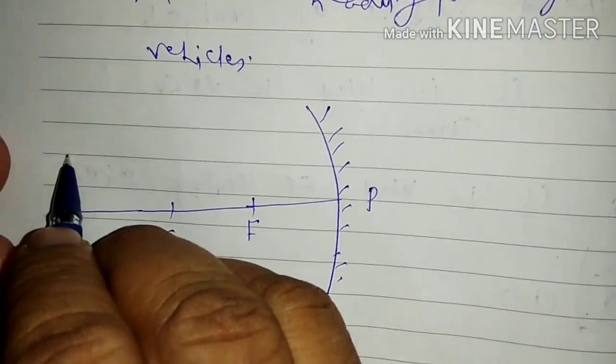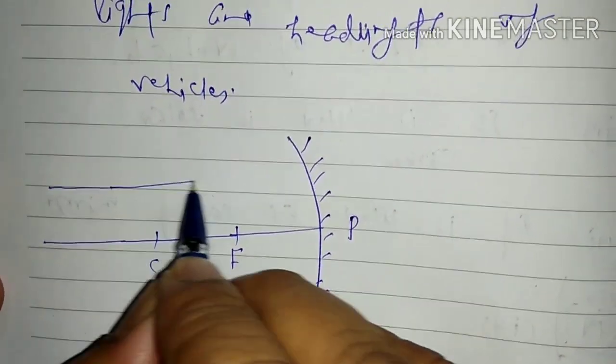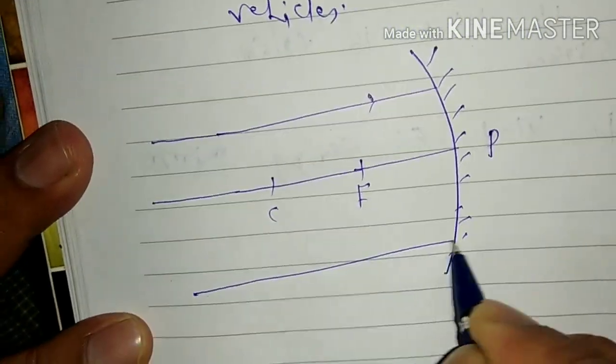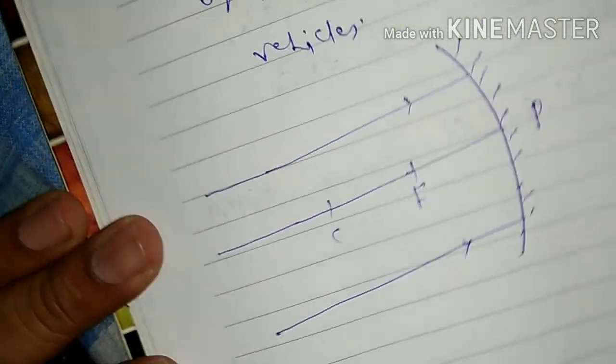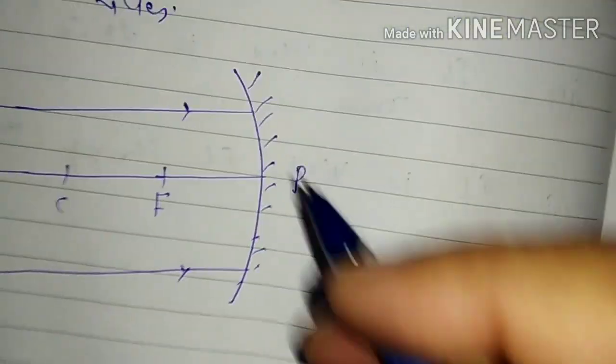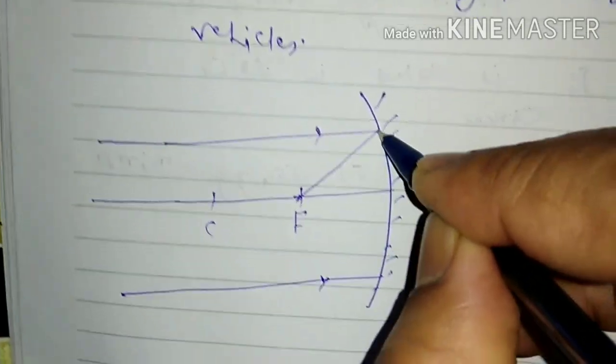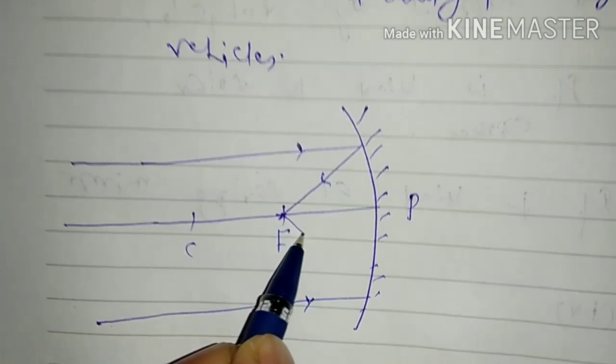So rays of light parallel to the principal axis, all rays of light parallel to the principal axis after reflection meet at a point on the principal axis, and this point is called focus.